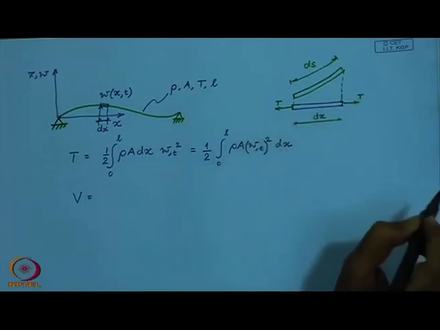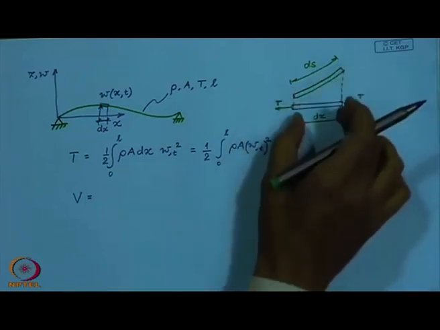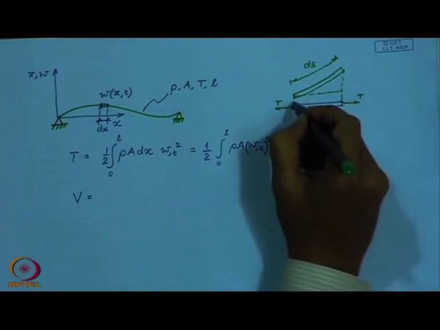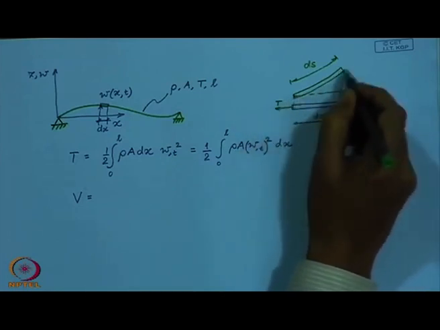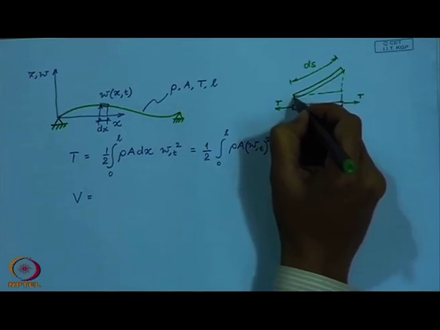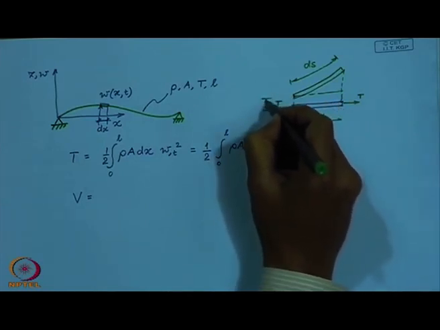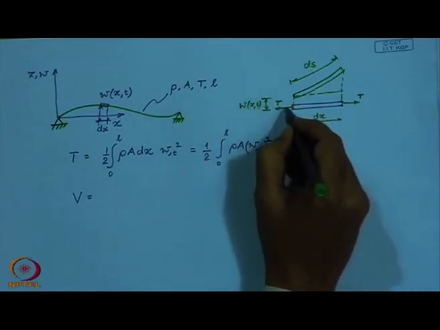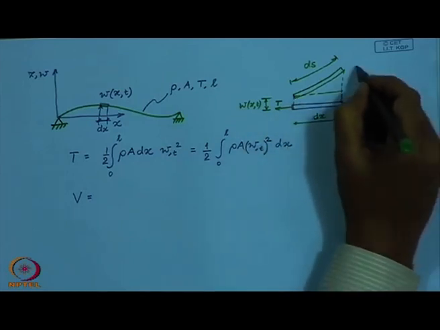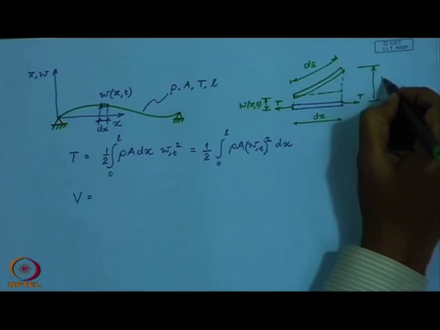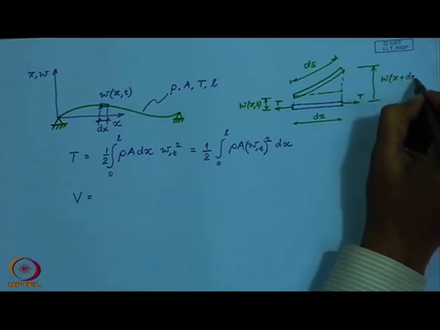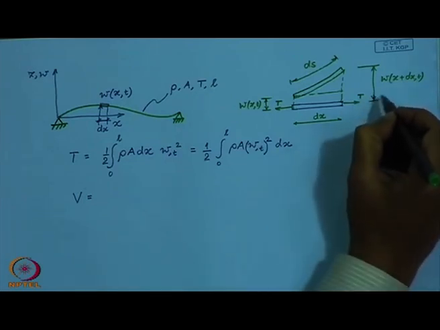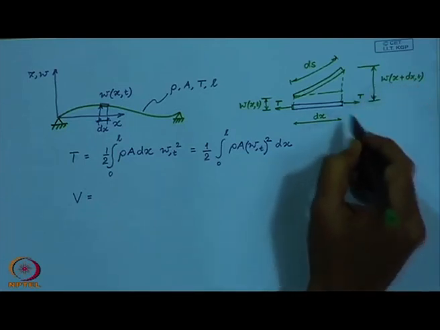There is no actual force on the string. So, what is this deformed length of the string? So, this is the transverse displacement at x, and this whole thing is w of x plus dx at time t.